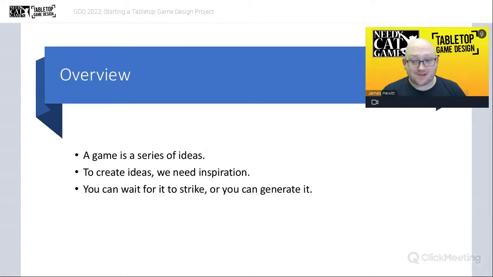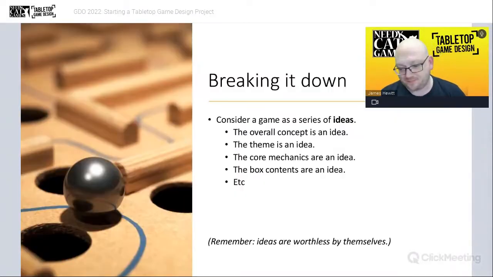As we learned last week, an idea by itself doesn't really mean much, but it still needs to happen. And to create those ideas, you need inspiration. You can wait for that inspiration to strike, or you can put some work in and some hard graft and create that inspiration. So let's have a look at what that all sort of means.